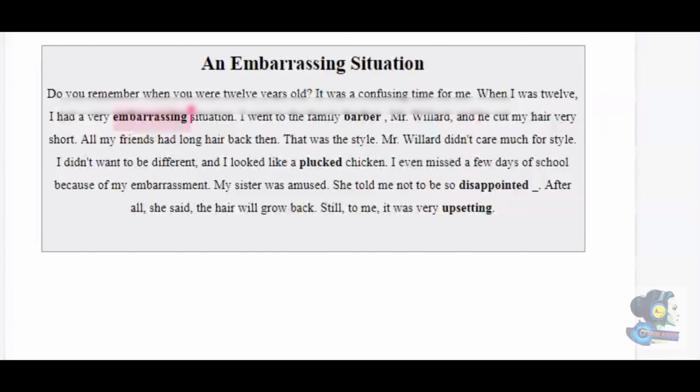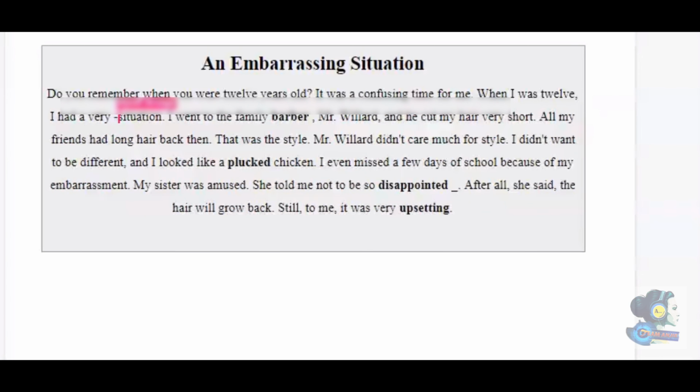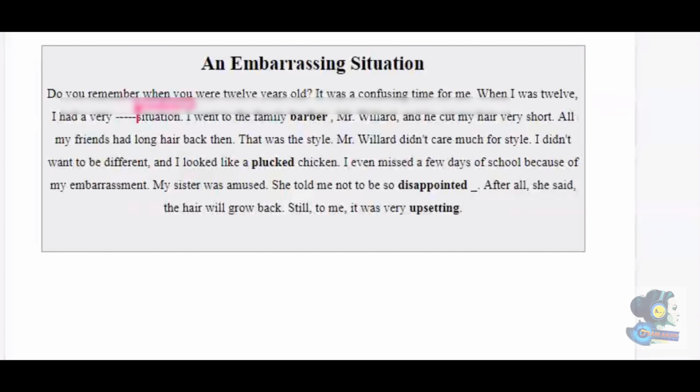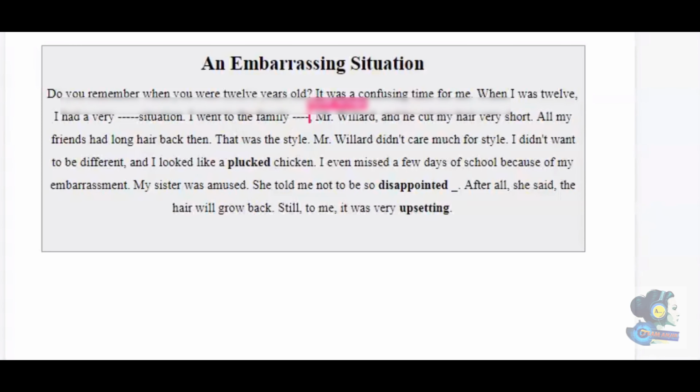I went to the family barber, Mr. Willard, and he cut my hair very short. All of my friends had long hair back then. Okay, thank you.